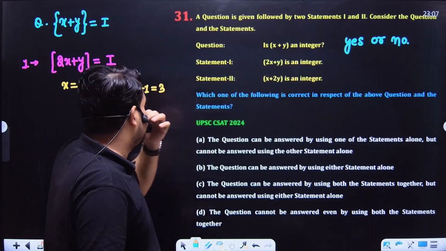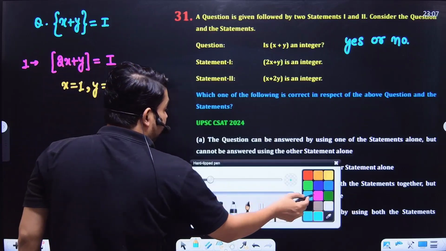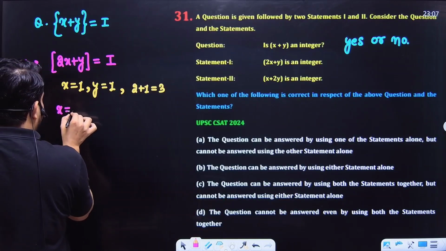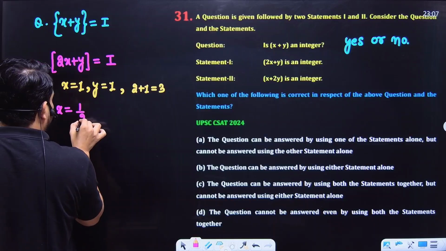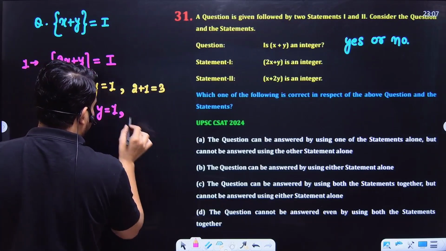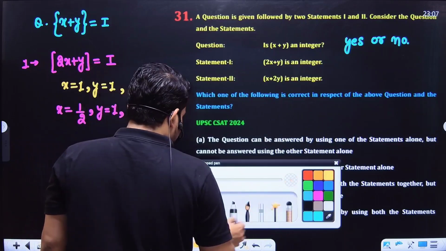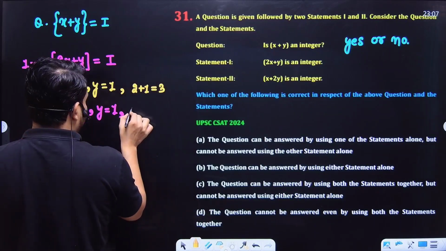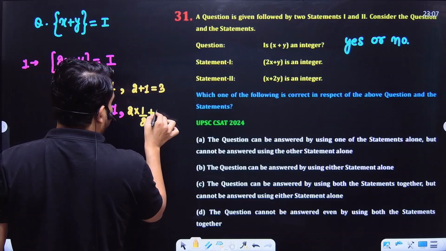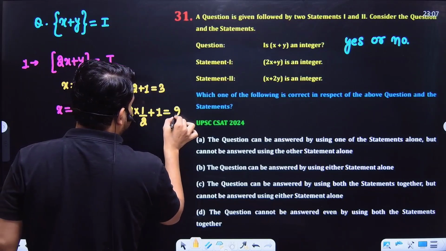But if I take other values of x and y, if I take x equal to 1 by 2 and y equal to 1, then the scenario changes. How? Here I will get 2 into 1 by 2, plus 1, which is 2, an integer.